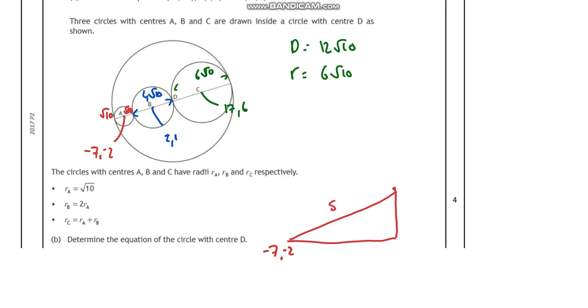So if I travel up 5 √10s, 1 there, and then 4 in this circle, that's landed me on point D, which is the value I'm trying to find.